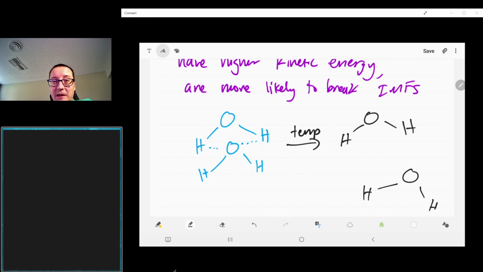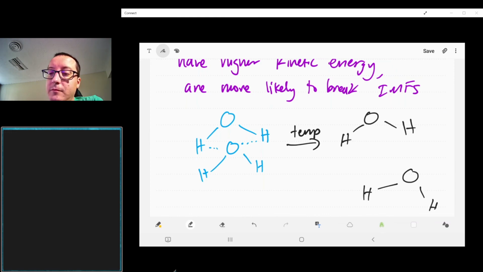So if you think about it, caffeinating these molecules, they start becoming super jittery. They start moving very, very quickly. And as they do so, they just move apart. They're able to rip themselves apart. And so that's going to be the reason for how we can explain the trend in boiling points we see.